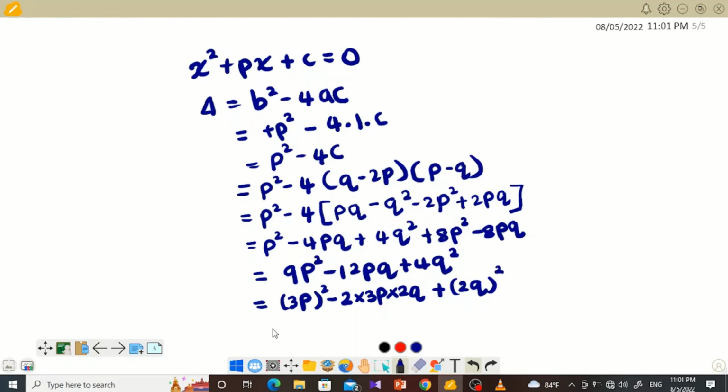Then I can see this is the expansion of a complete square. So I can write this as 3P minus 2Q squared. I have obtained the given discriminant value.